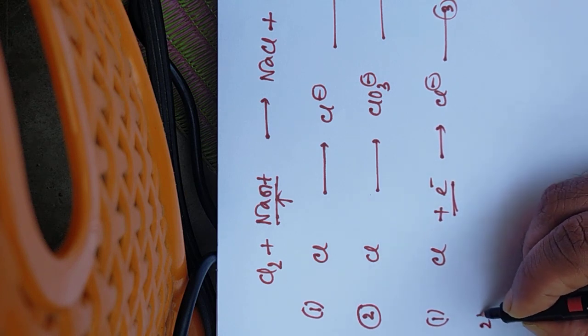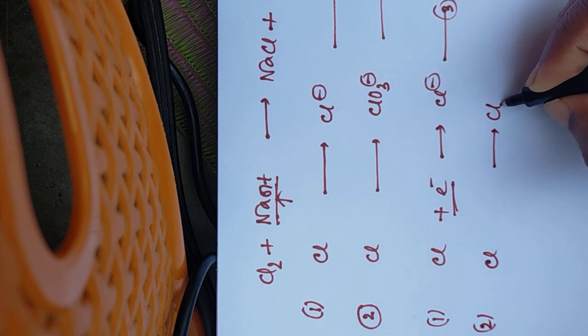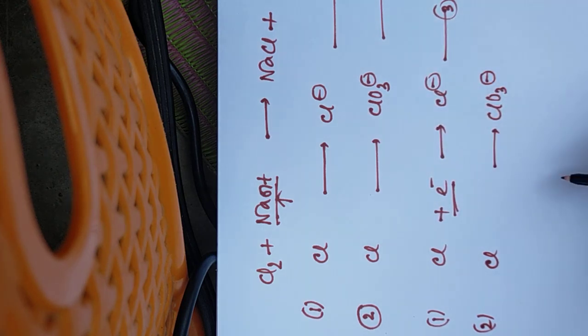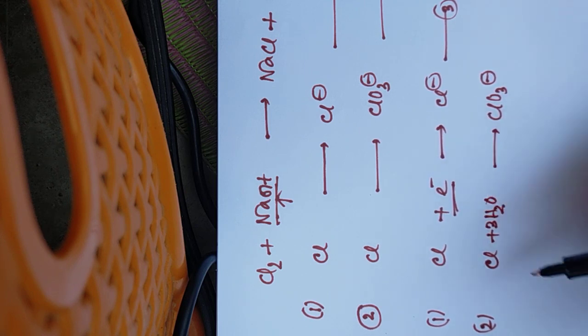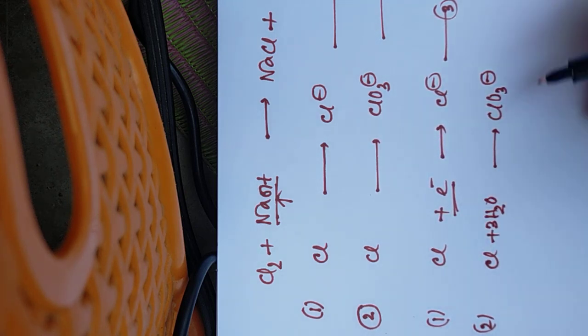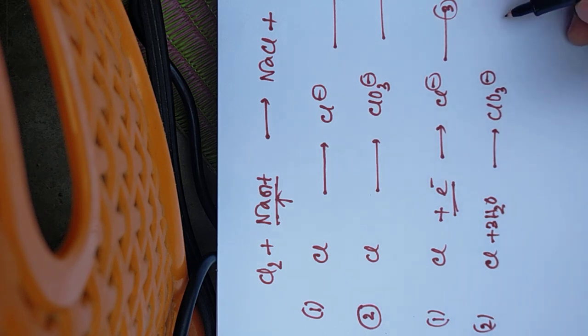Again, equation 2: chlorine is converted into ClO3-. The left side has no oxygen atom, the right side has 3 oxygen atoms. So on the left side 3 water molecules will be added. Hydrogen is balanced by an equal number of H+ ions on the opposite side, so 3 into 2, that is 6 H+ will be added on the right side.